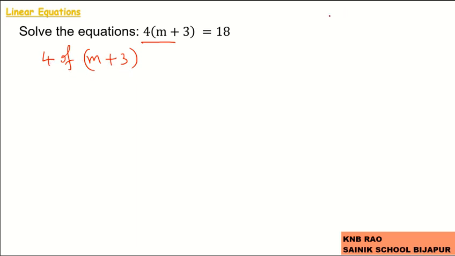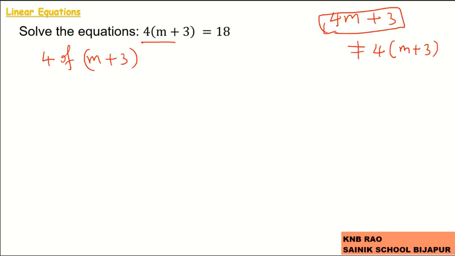Most of the times children commit error writing like this. This is not equal to 4 of m plus 3. You know, this is 4m plus 3. This is distributive, 4 multiplied over m as well as 4 multiplied over 3 to be done, like a into b plus c is equals to a into b plus a into c to be done.